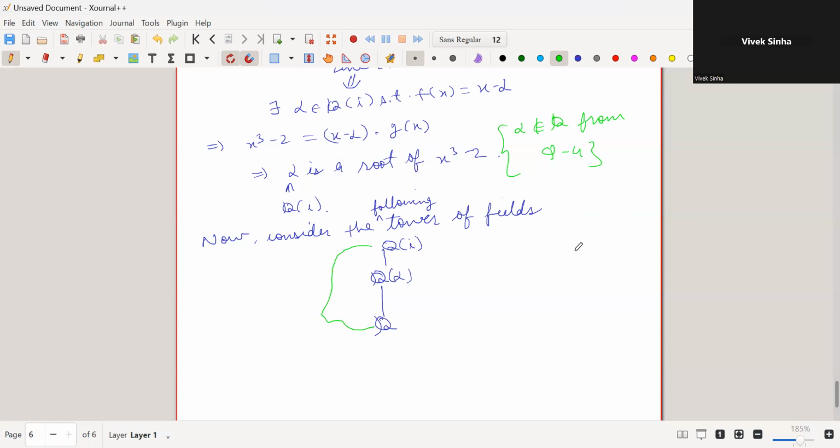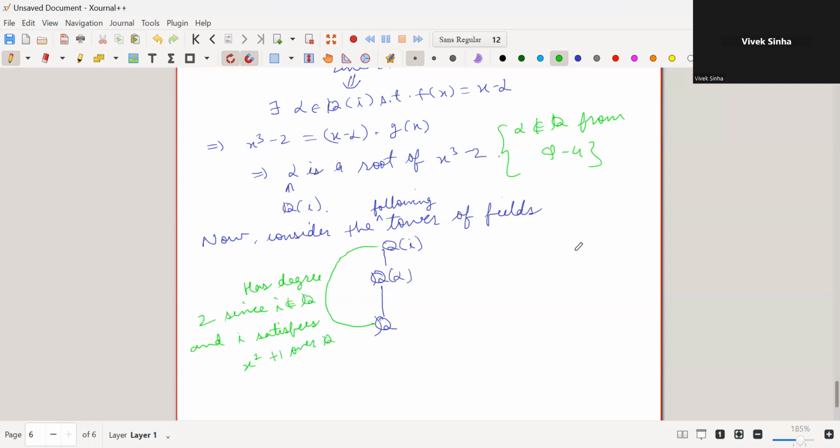Okay, very bad drawing. So this has degree 2 since i is not inside Q and i satisfies x square plus 1 over Q. So it has degree 2.